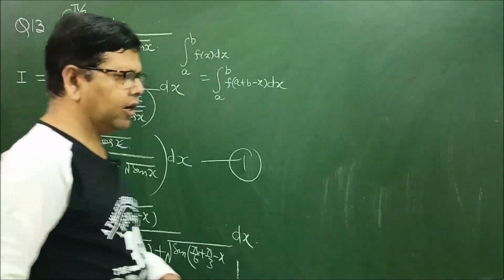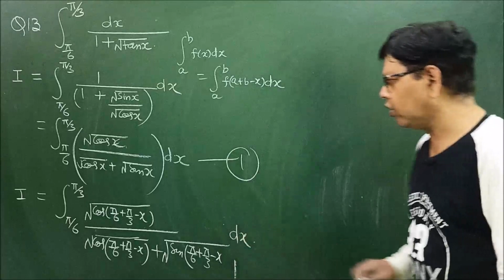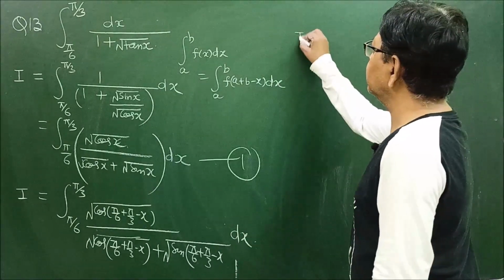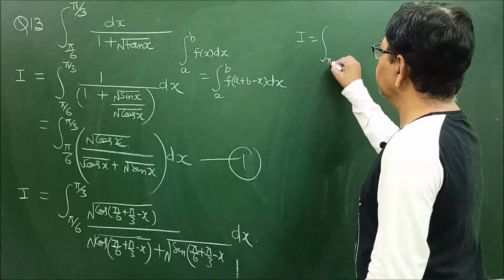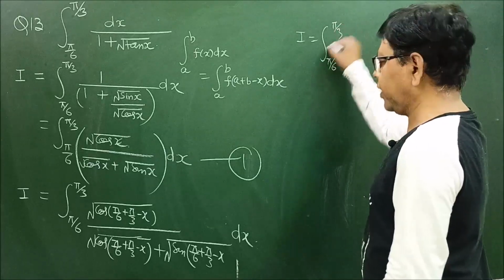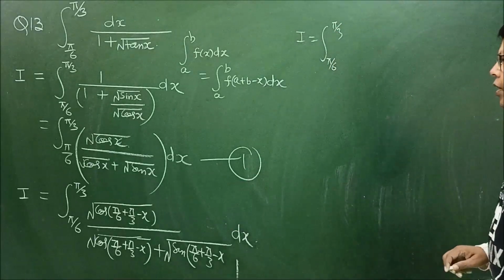So now solving it further, I is equal to pi by 6 to pi by 3, and this pi by 6 plus pi by 3 is equal to pi by 2.